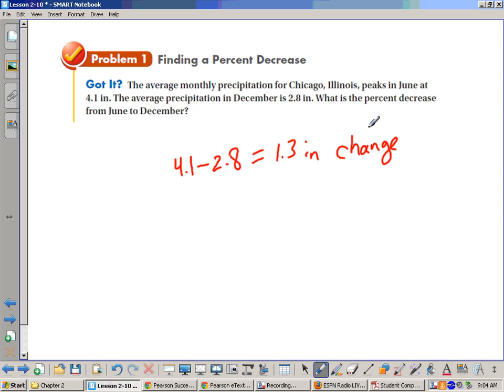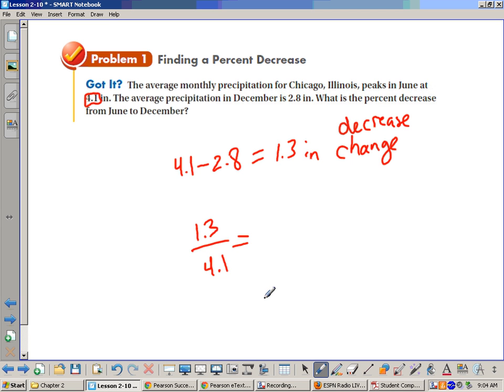Actually, a decrease change. We know that it was going down, and we can see that. To figure out the percentage, we have to divide by the original. So we're going to take 1.3, that amount that it changed, and divide by the 4.1 that it was in June. 4.1 is what it started at. That was the original amount.